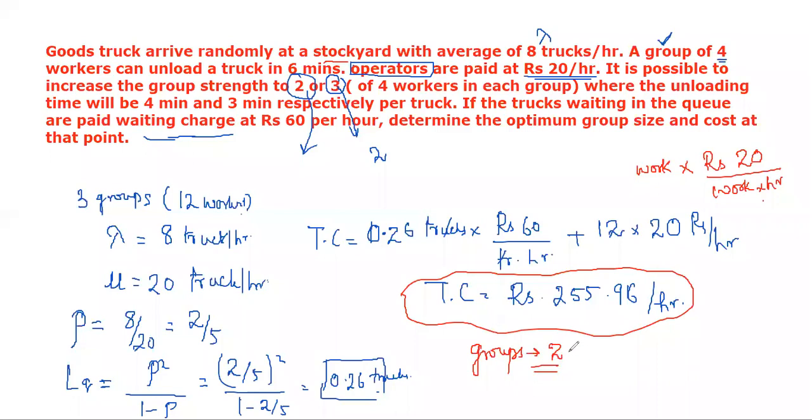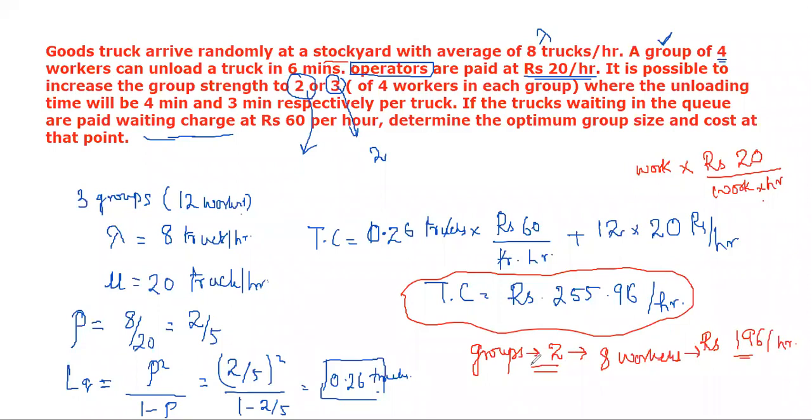Group 2, in which there are two groups, that is 8 workers, is the optimum one because the cost per hour was less. I think it was around rupees 196 per hour. Why group number 2? Because two groups were working simultaneously.